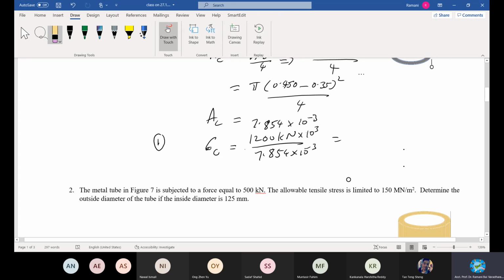Is this answer correct? Area? Is the area correct or not? Square, did you square? Pi d square by 4. Did you square? Double check your answer, all of you.